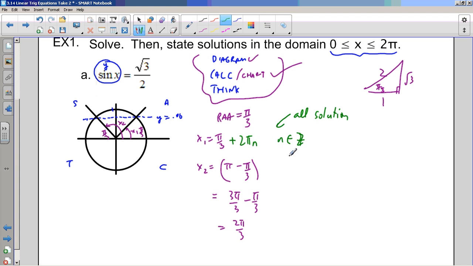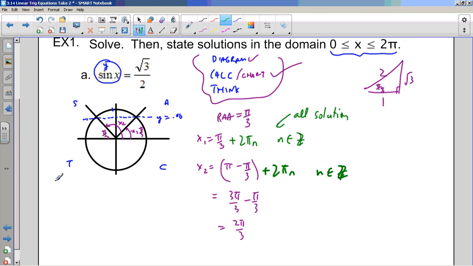And notice, just for funsies, I could write all the solutions, plus 2 pi n, again, where n is a member of real numbers. So not only do we have two solutions to this equation, there are an infinite number of solutions that are coterminal with x1, and there are an infinite number of solutions that are coterminal with x2.